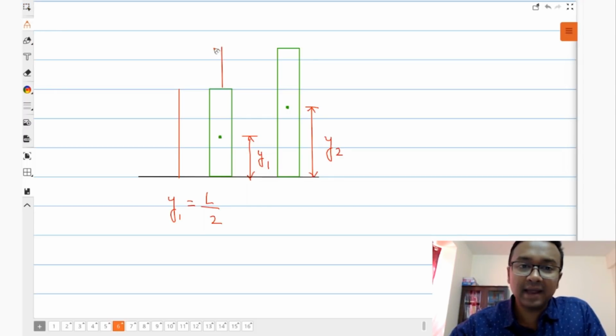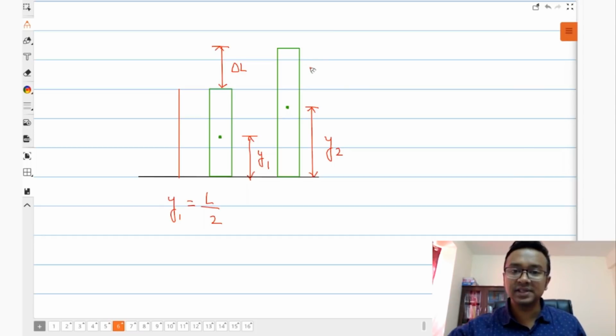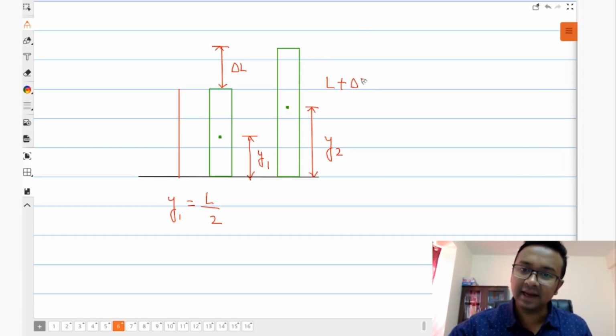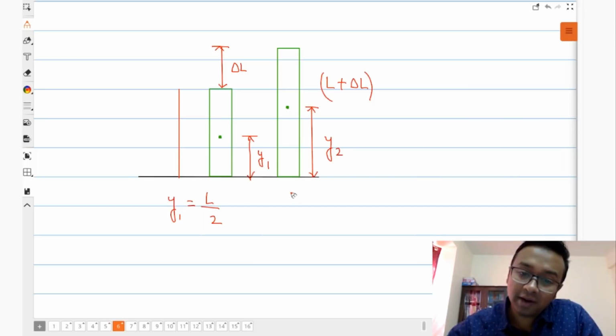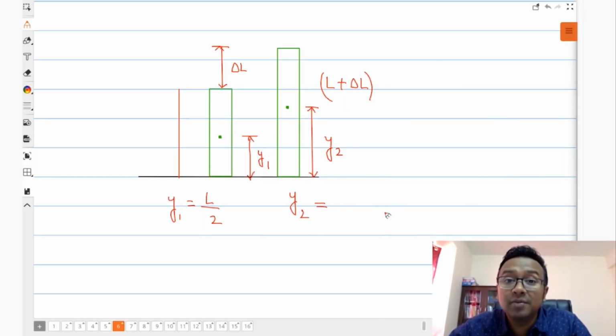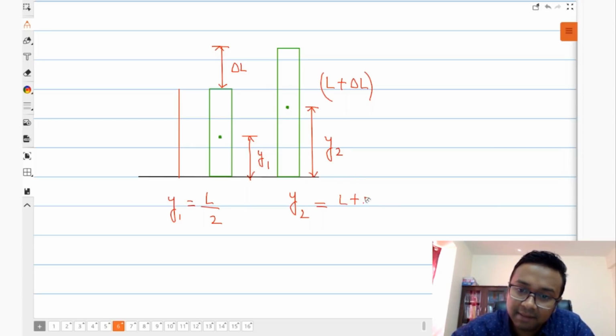It has moved up by a distance, I can call it delta L. So this new length is right now L plus delta L. Clear, students? Now the new length is L plus delta L. So what are going to be the coordinates of y2, that is, the location of the new center of mass? It is going to be equal to L plus delta L divided by 2.